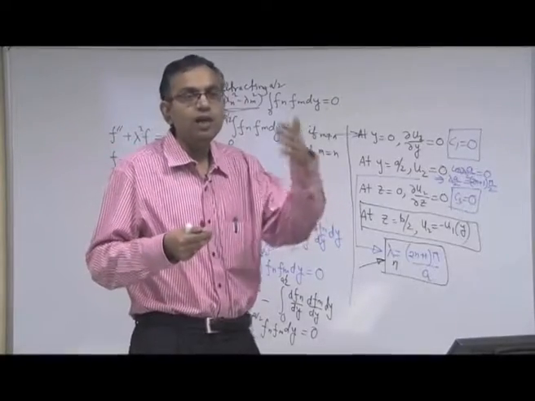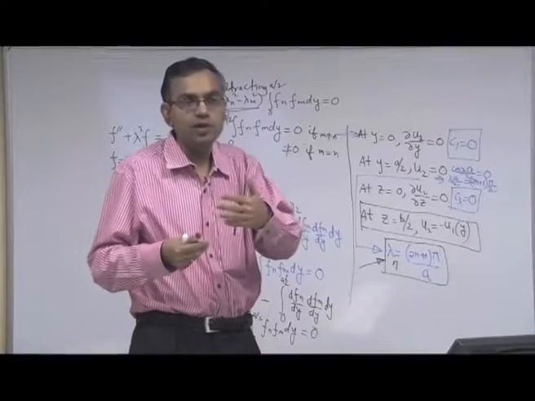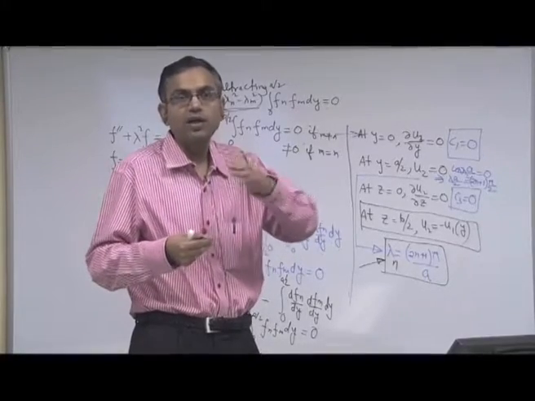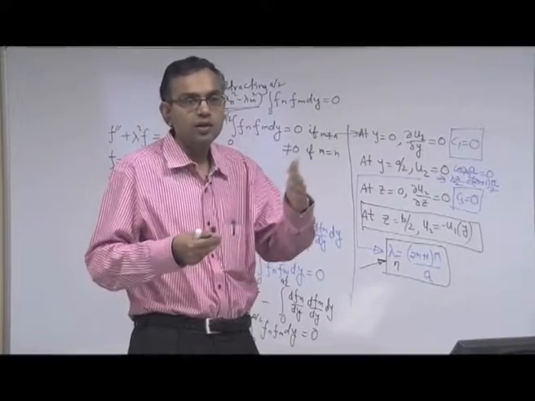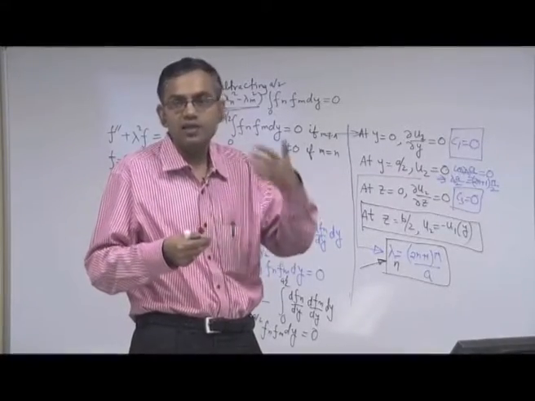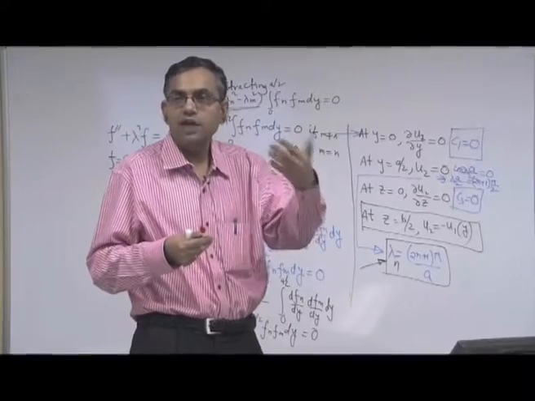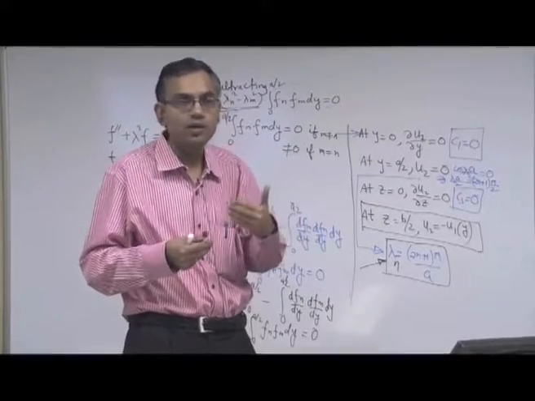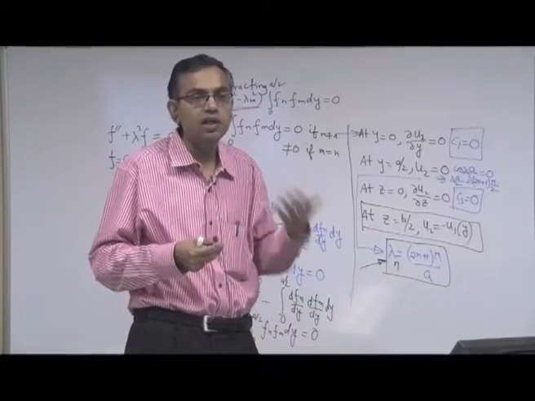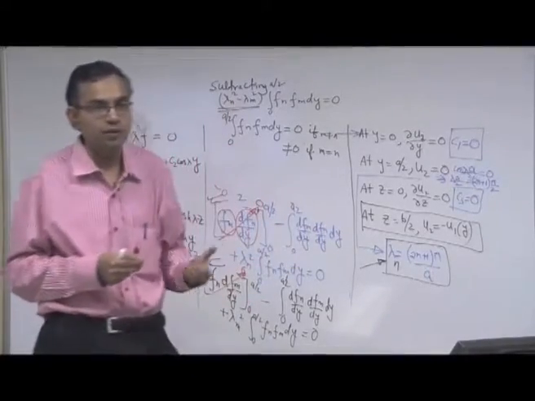The initial few derivations I want to be as detailed as possible, but because this is a sort of bridge course between a basic course and a research level course, I would expect that in later derivations, if I skip a few steps, it will be possible for you to follow and work it out by yourself, and that will give you good training in how to solve these problems by yourself.